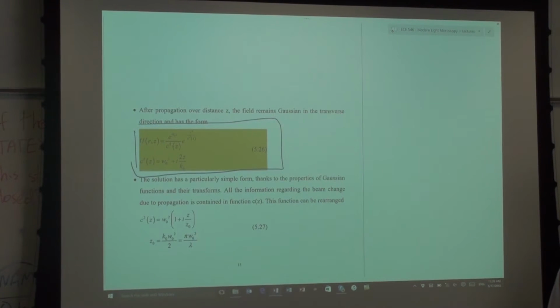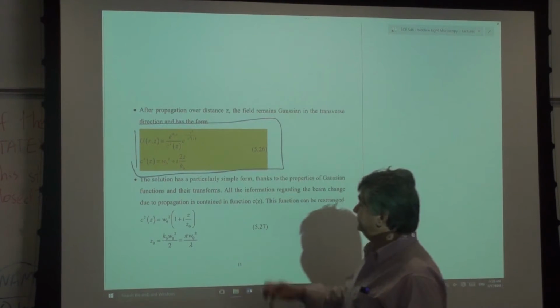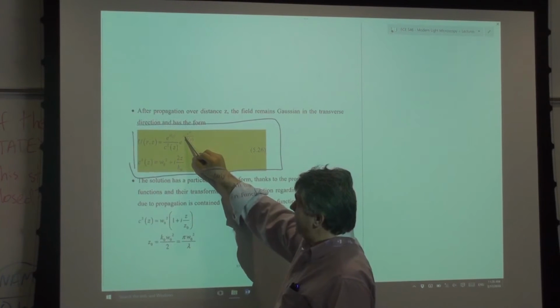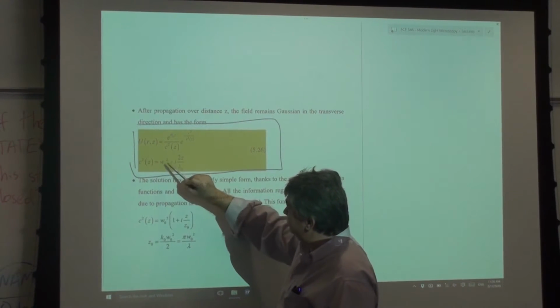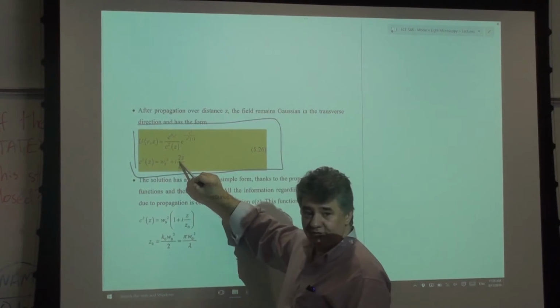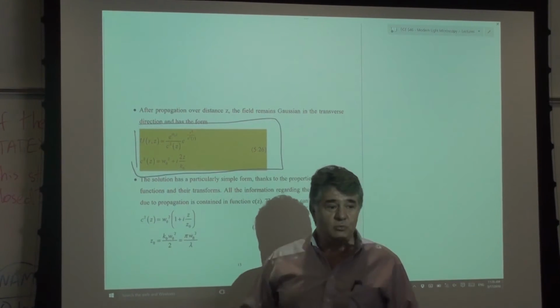What do you think? Which one? Usually imaginary ends up being the attenuation. Except I didn't put an I here. So if I had an I, these will change. This will have an I, this will not have an I. Okay? But the convention doesn't matter.